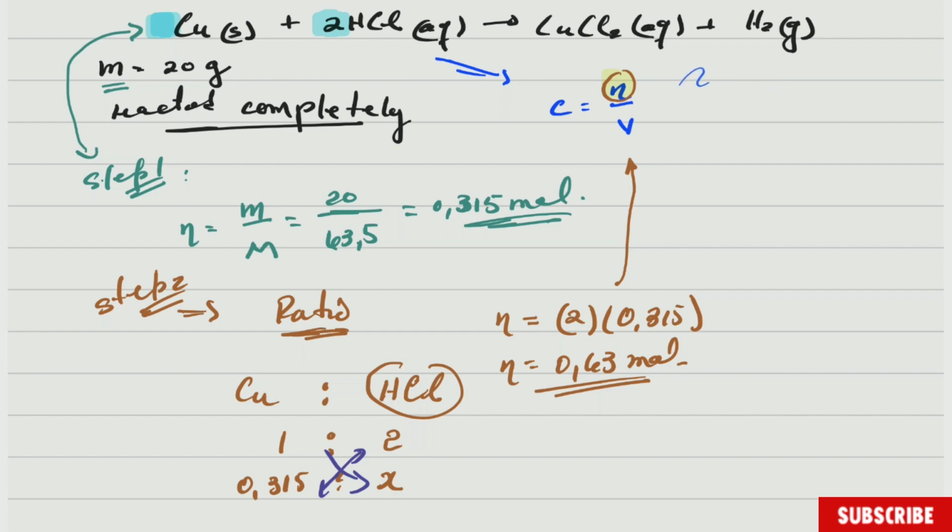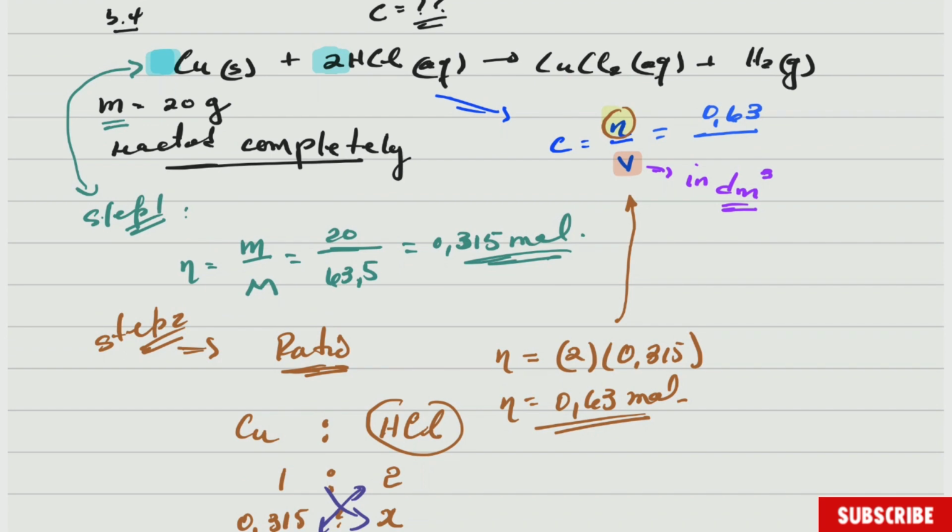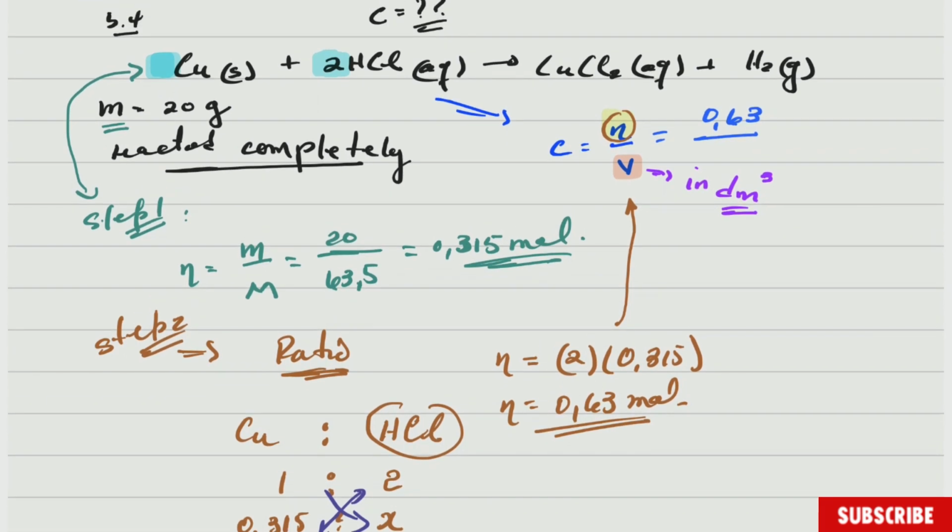And then we're nearly done. All we have to do is to substitute. What is the number of mole? 0.63. The volume is given, but let's point something out here. This volume must be in decimeter cubic. In this question they are telling us that the volume is equal to 250 centimeter cubic.